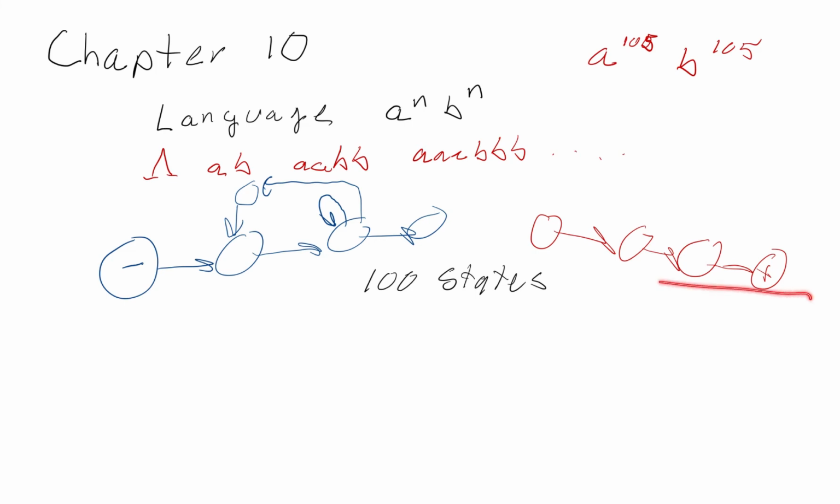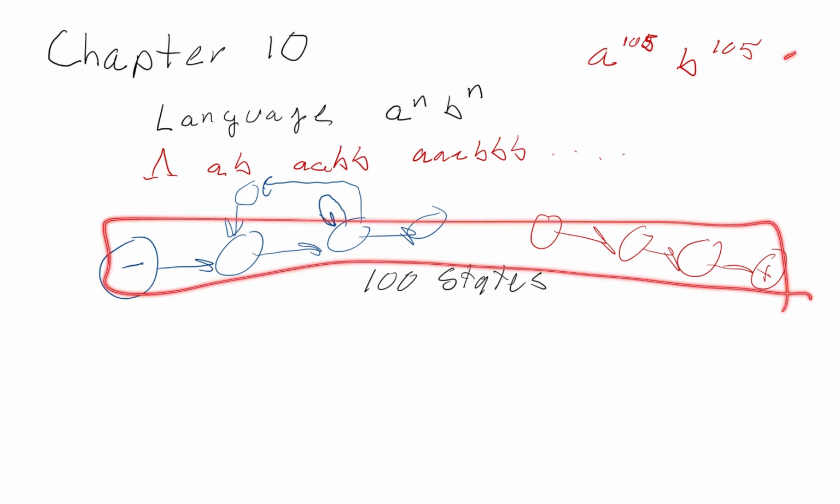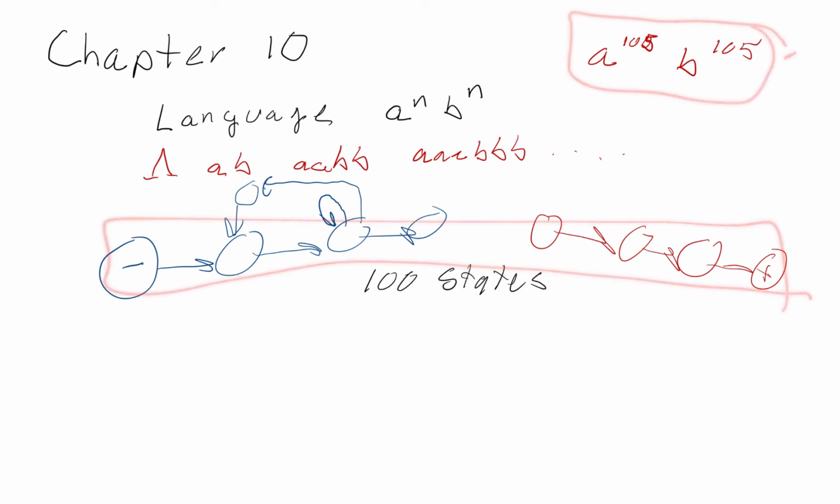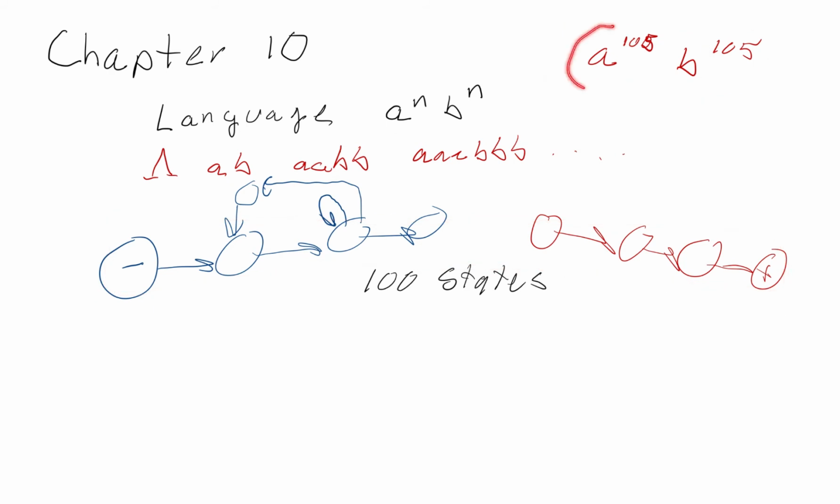And that means this finite automata doesn't just accept the word a to the 105, b to the 105, it accepts another a to something larger than 105, b to the 105, because we just went through the loop one more time, but we followed the same path after that loop. So we'll end up getting more a's than b's.